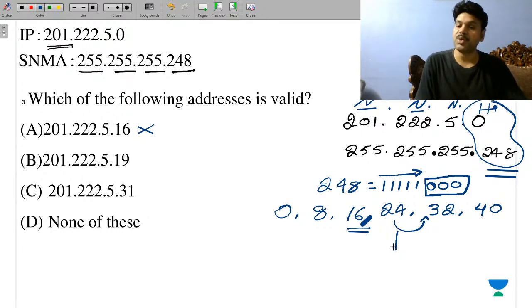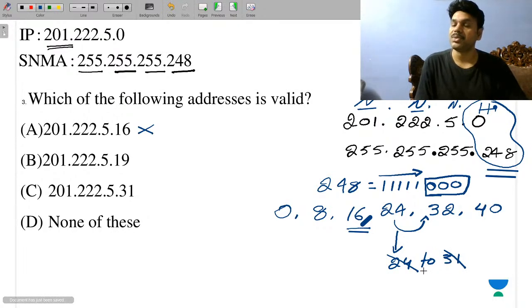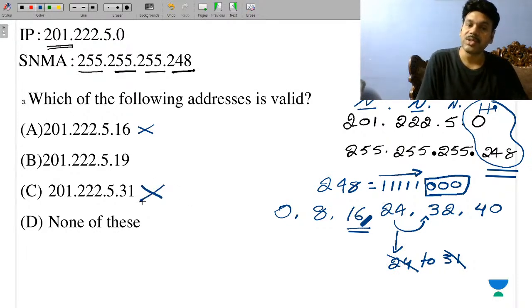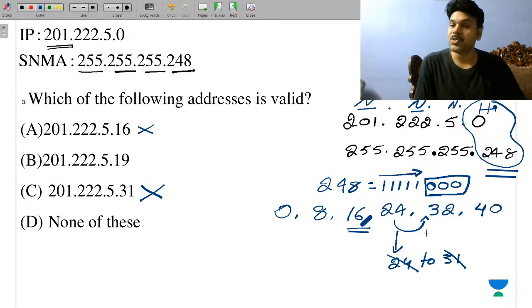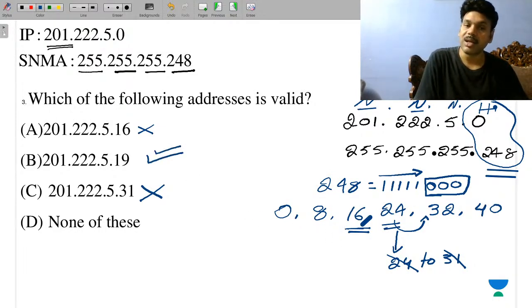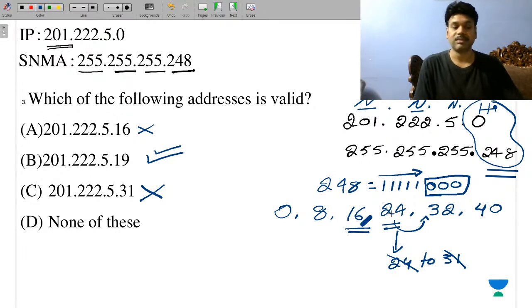Therefore, in 24 to 31, 24 cannot be used and 31 cannot be used, because one is the subnet number and the other is the subnet broadcast address. Therefore, this is not possible. Is 19 possible? Yes. Why? 19 lies between 16 and 24, so it is not your subnet ID and it is not your broadcast. Hence, I can say that yes, it's perfectly alright.